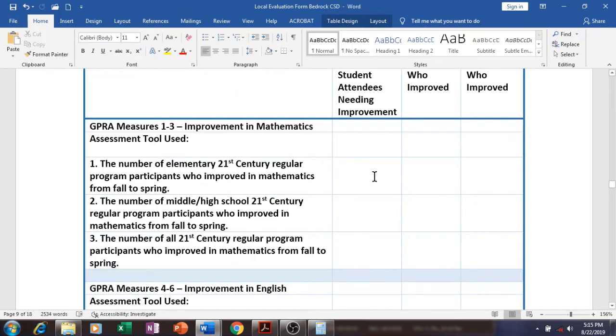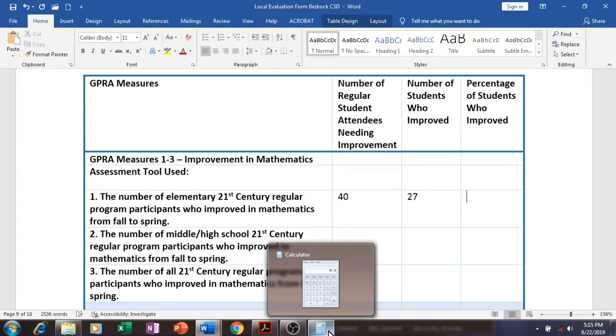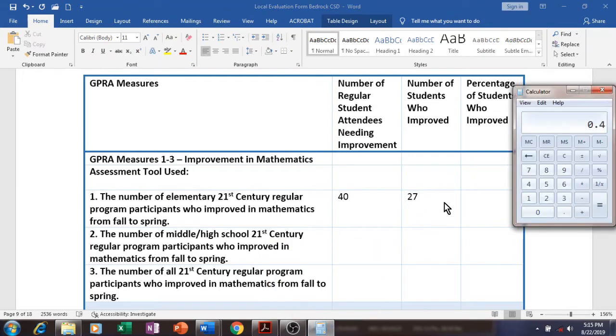So let's assume we had 100 total students and 40 of them needed improvement in mathematics in our elementary program. And of those 40, 27 actually showed improvement in whatever measure we're using, standardized test probably. Then you need to put the percentage. To figure percentage, if you're not a math person, it's pretty easy.